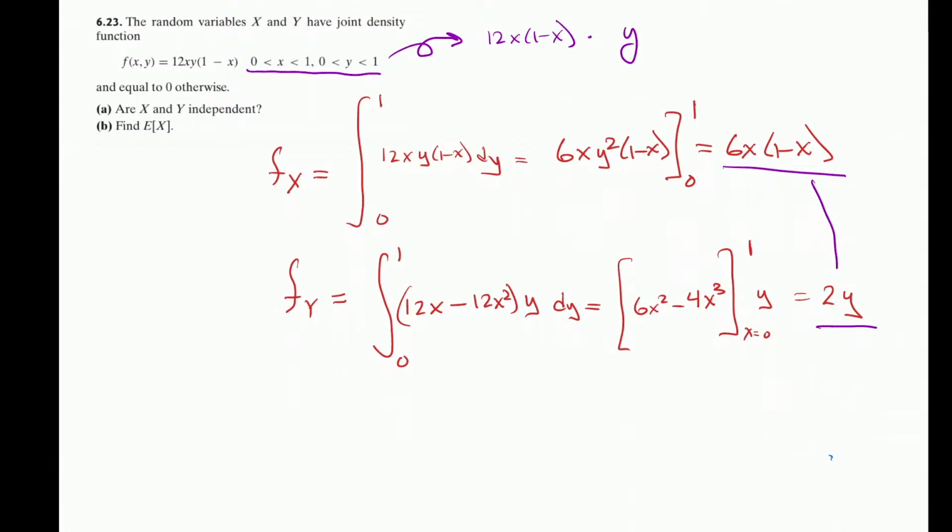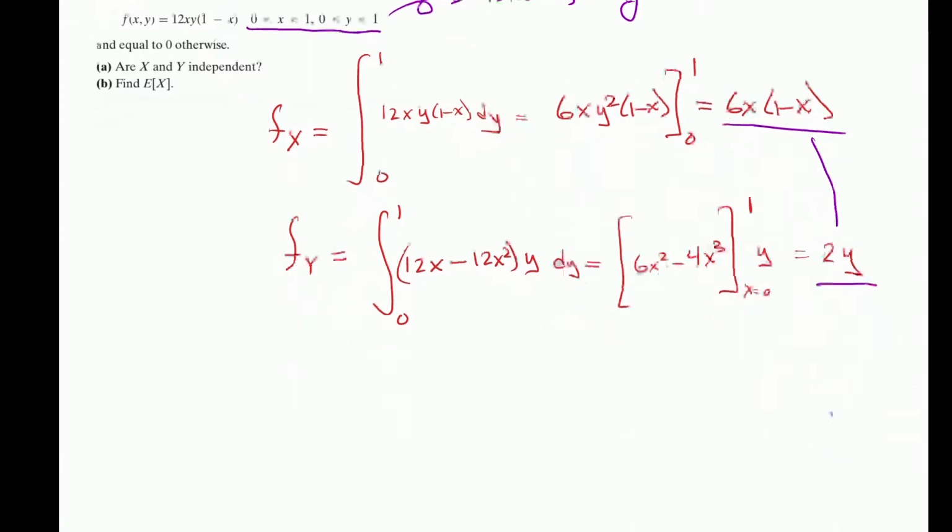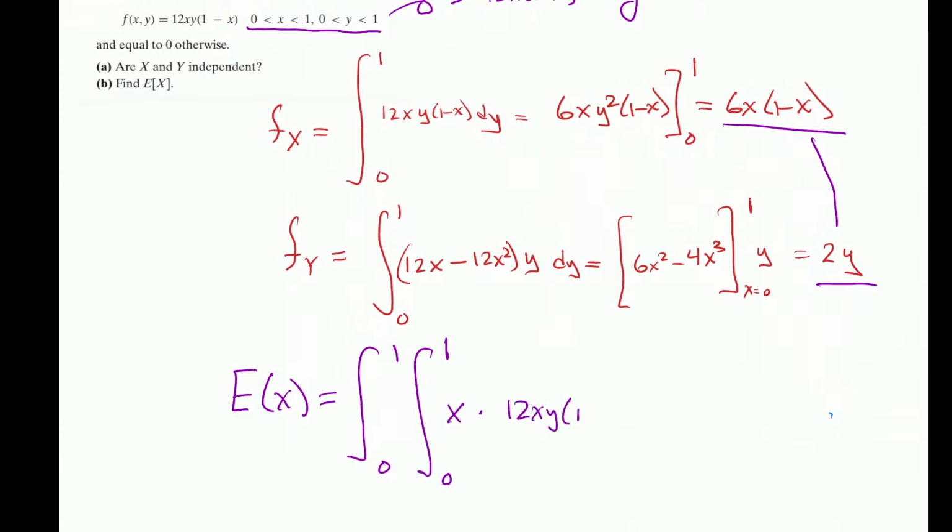So, anyway, let's do the expected value of x. That's hopefully easy for you because these are nice polynomials. Expected value of x. I'll just set it up, but if anyone really needs me to, I can actually do the math. So it's x times 12xy times 1 minus x, dy dx. It doesn't matter which order you go in, because of this rectangular region.